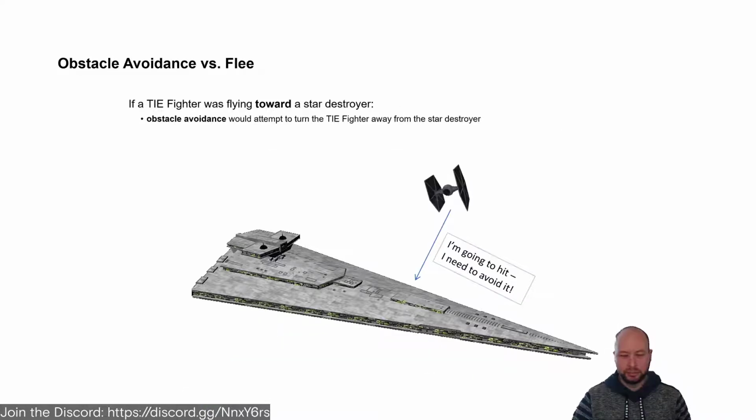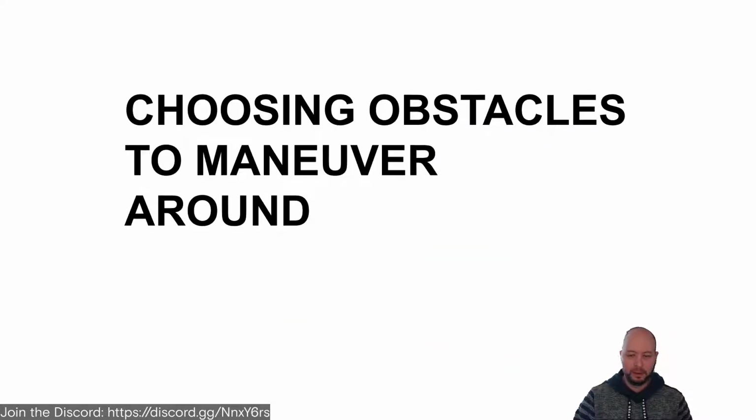So in this case, the TIE Fighter is actually going to hit the destroyer, obviously, if you don't have a sufficiently strong flee force in effect. Say that's not strong enough to avoid it once you get too close. Obstacle avoidance will allow you to change direction well before your flee force even needs to kick in.